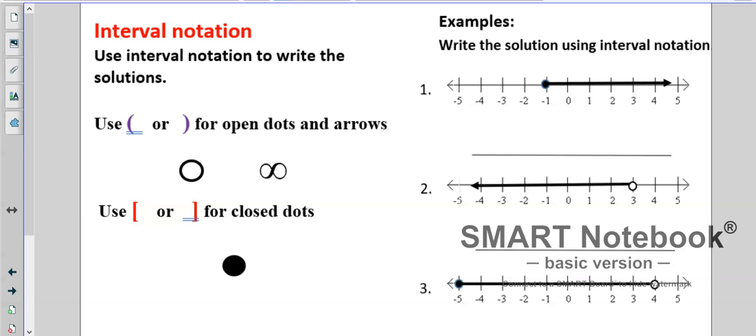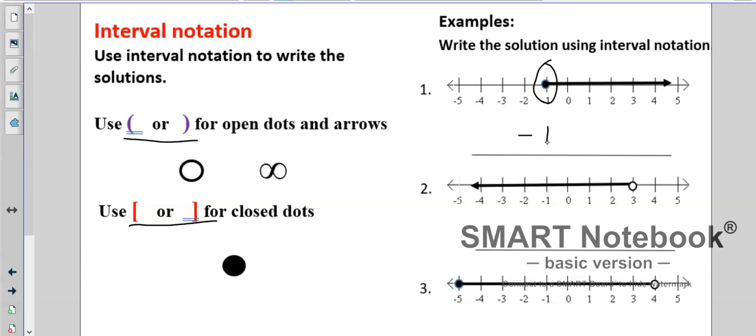All right. Interval notation. This is something new. Use interval notation to write solutions. We're going to use parentheses for open dots and arrows, and we're going to use brackets for closed dots. So in this case, we're starting at -1.